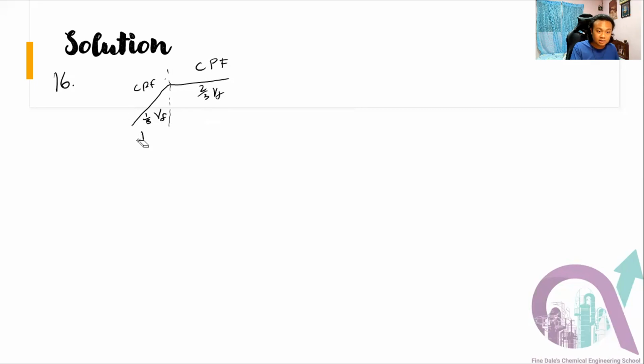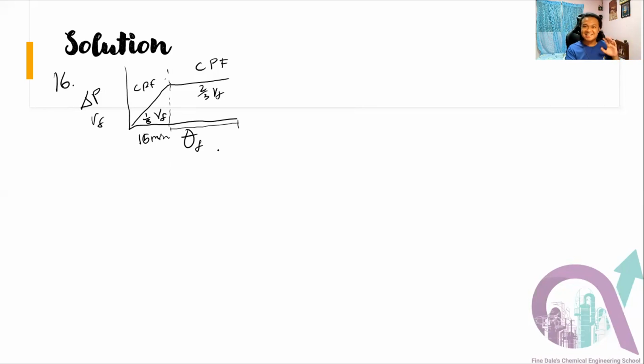So this is your time, the filtration time. Then this is your P, or your RF. So you have 15 minutes here now. And then we don't know the CPF part, and we are told to find the total time of filtration.